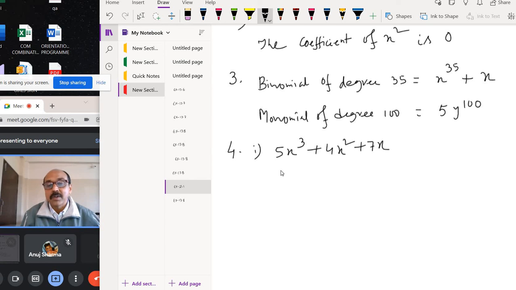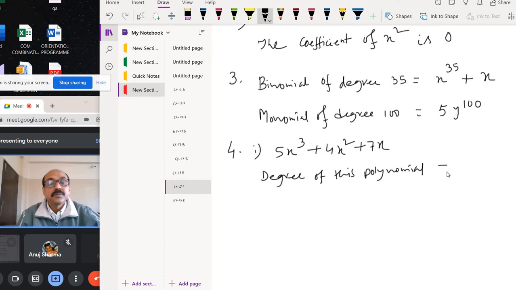So this is a cubic polynomial. The degree of this polynomial equals 3. Okay.